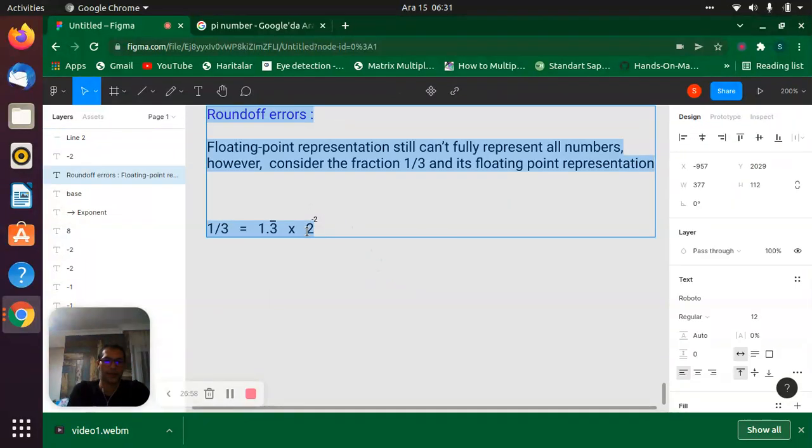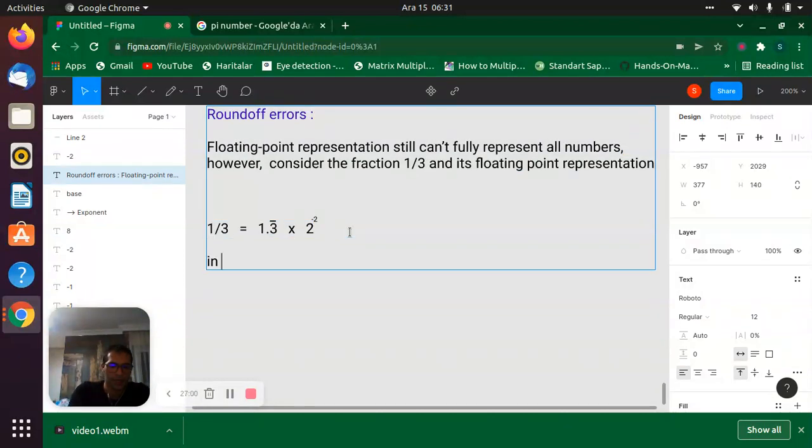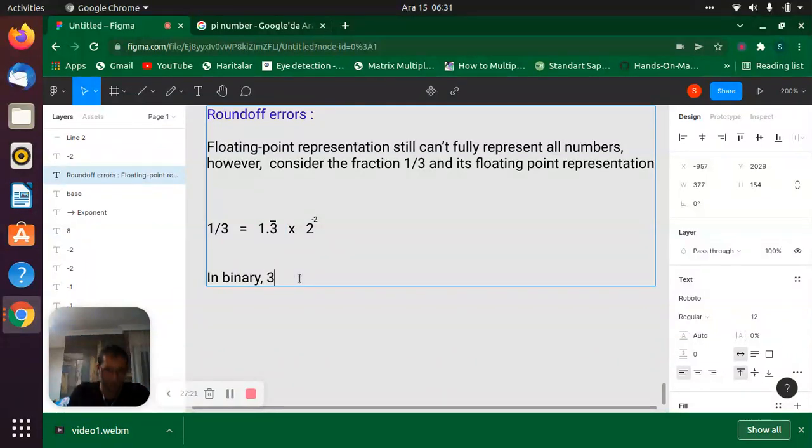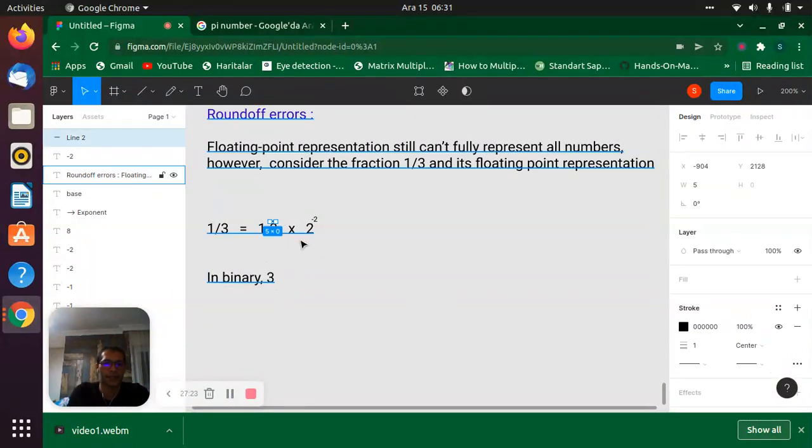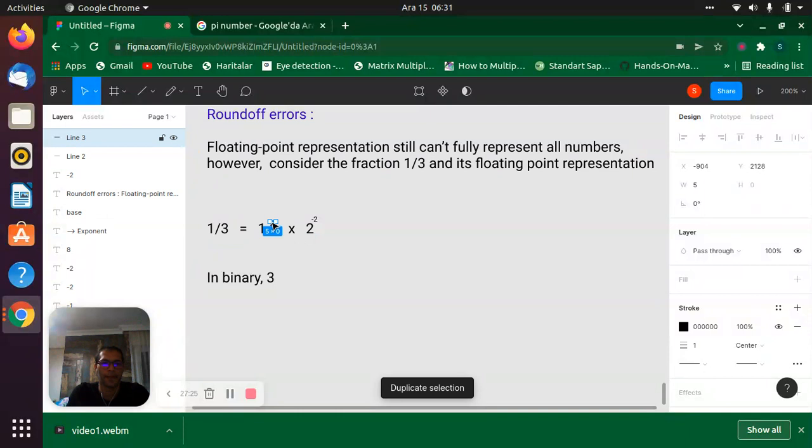Anyway, in binary, let's tag this, about 3.